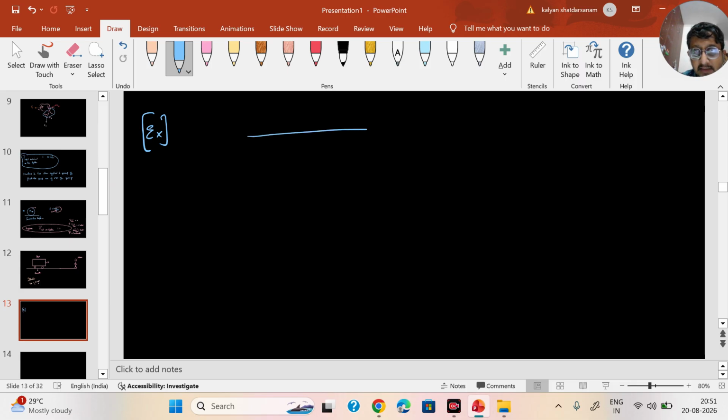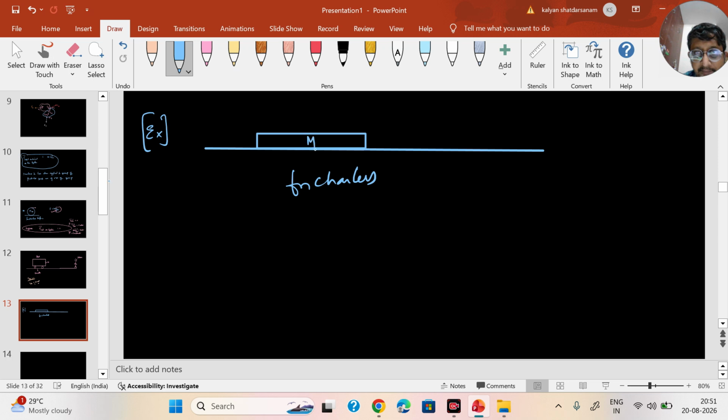Suppose I have, it's a very beautiful example. These kinds of problems we keep doing. Suppose I have a plank like this, and it is kept on a frictionless surface.